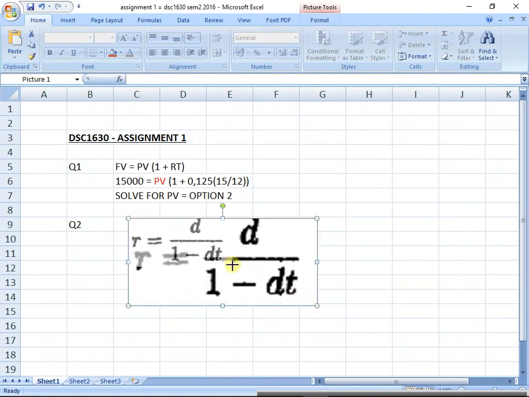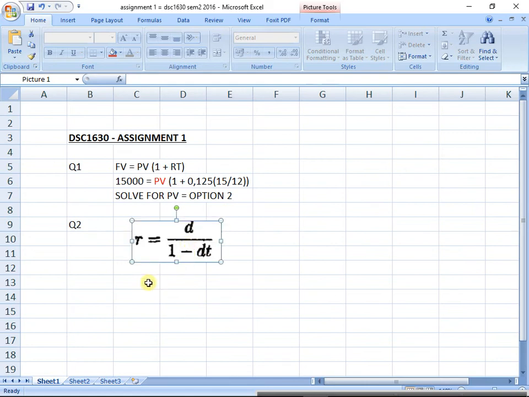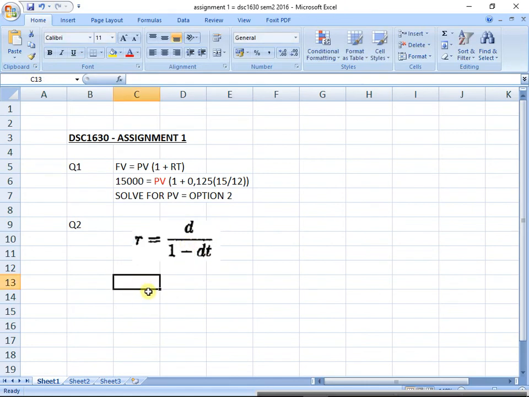D over 1 minus dt. Okay, so if I go back to the question and I read it again, I get 0.24 equals 0.205 divided by open brackets 1 minus 0.205 t, close brackets.